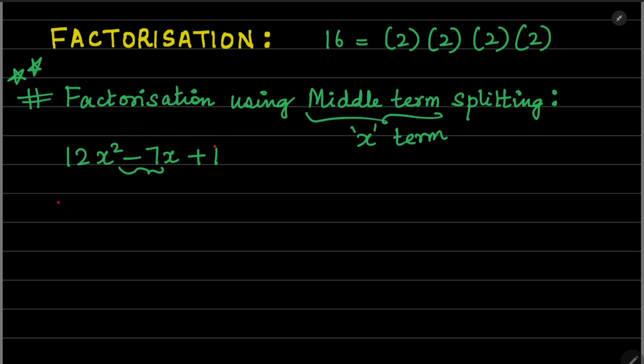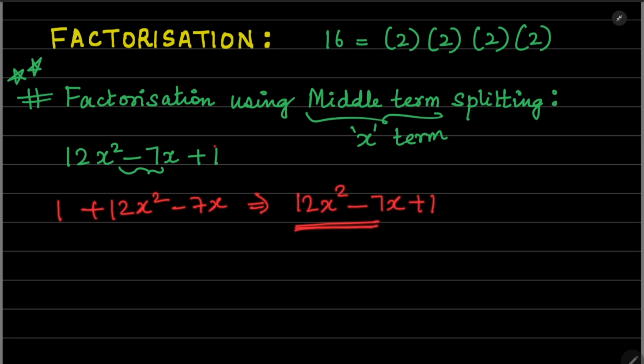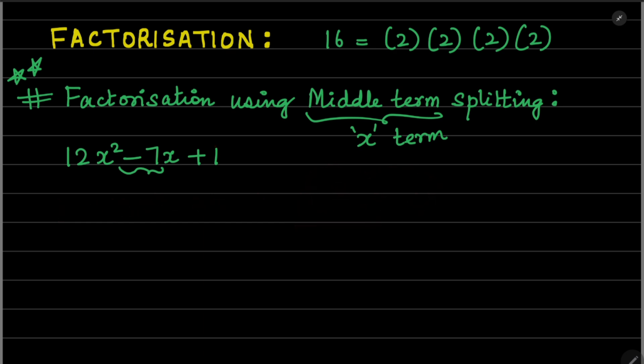Even if it is 1 plus 12x square minus 7x, you have to rewrite it in the form of 12x square minus 7x plus 1. You have to arrange it in this order: x square, x, and then the constant. Always remember it. In this particular question you have to factorize using middle term splitting.